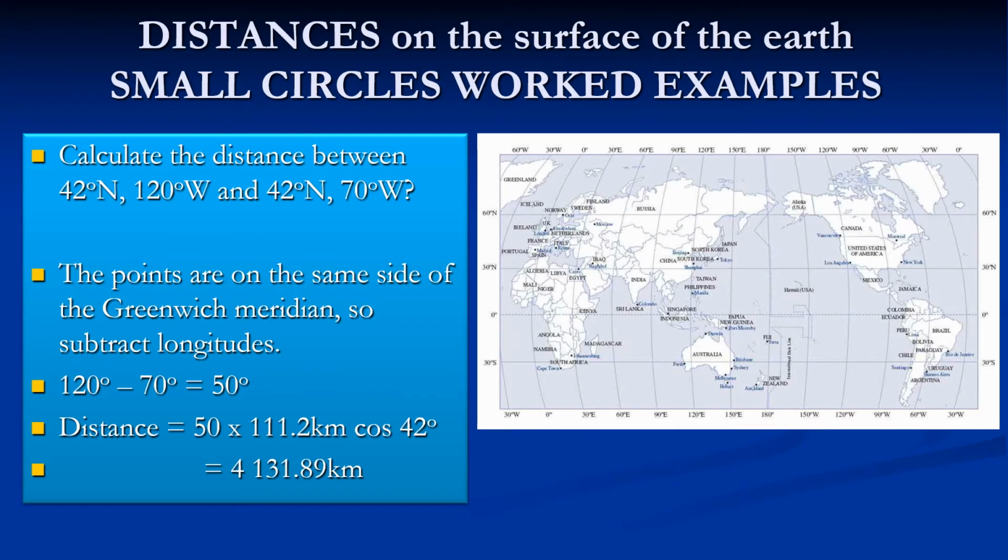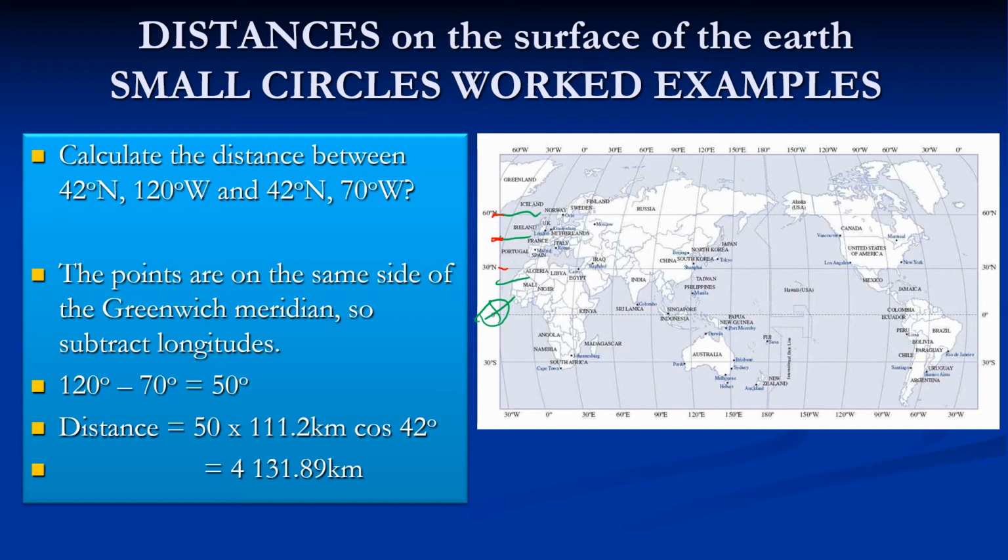Now, if we're looking at distances on the surface of the Earth, but we're looking at small circles, we're looking at going across the surface of the Earth, but not the equator, because the equator is a great circle, recall. So let's have a look here. We're at 42 degrees north. Well, that's 30 and that's 60, so it's around that line somewhere.